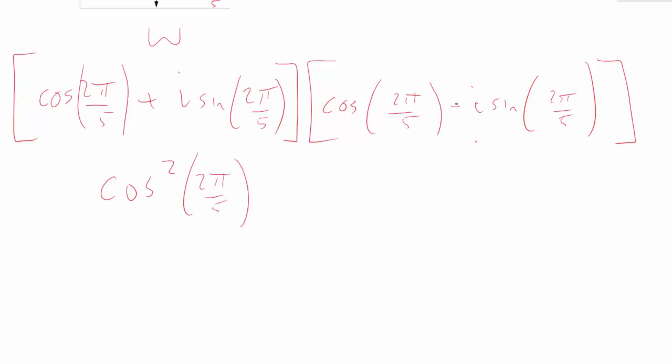Now it's a squared minus b squared, but I've got an i squared there, so it's plus sine squared of 2 pi by 5, and that is 1. Of course, you should have known that already, because if I multiply w by w to the 4, of course I'm going to get w to the 5, and remember what w is. It's the fifth root of 1, so raising it to the power of 5 is bound to lead to 1.